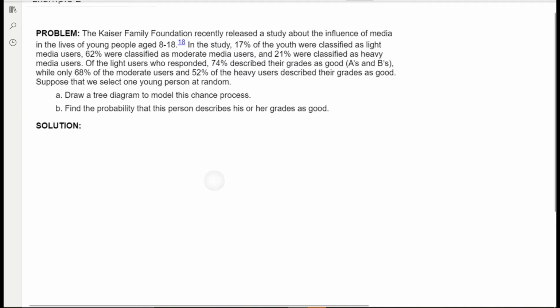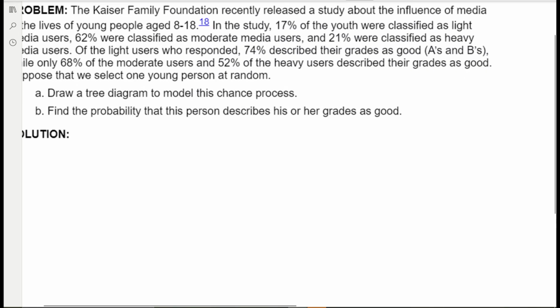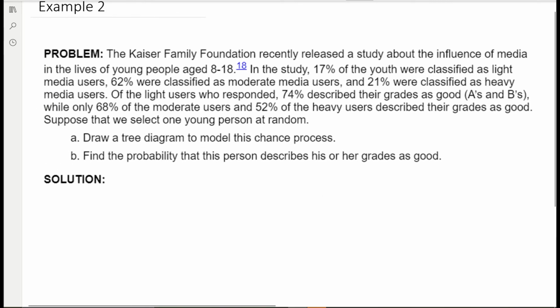All right, so let's look at another problem. That one was just sort of like a demonstration problem, if you will. But let's look at an actual problem. The Kaiser Family Foundation recently released a study about the influence of media in the lives of young people aged 8 to 18. In the study, 17% of the youth were classified as light media users, 62% were classified as moderate media users, and 21% were classified as heavy media users.